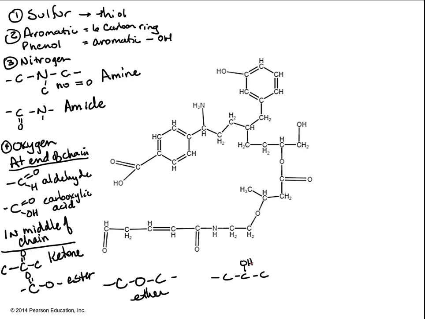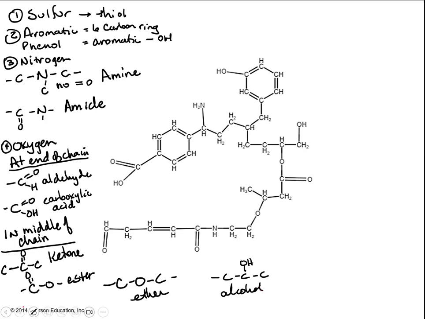It's basically just all by itself. So that one's kind of an exception. It could be on the end of the chain or in the middle of the chain, but it's characterized as just an OH group attached to a carbon with nothing else on adjacent ones. It's not part of the aromatics or anything else.